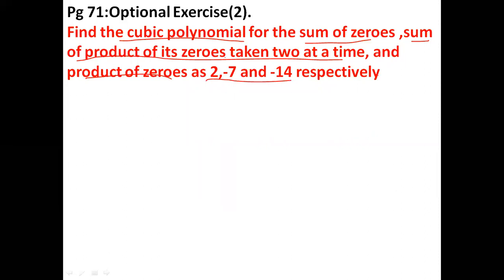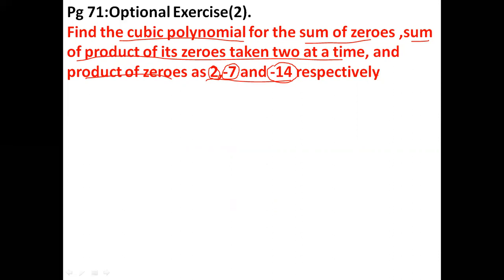Here 2 is the sum of zeros, minus 7 is the sum of the product of taking two zeros, and minus 14 is the product of zeros. So there are three zeros here. If we add the three zeros, we get 2. If you multiply those three zeros, you get minus 14.